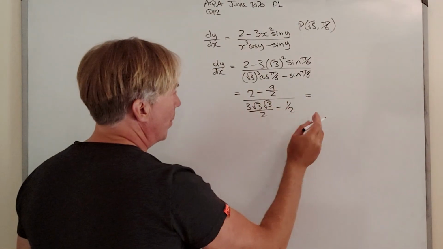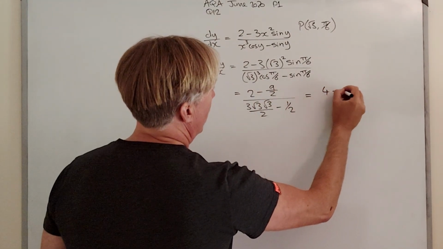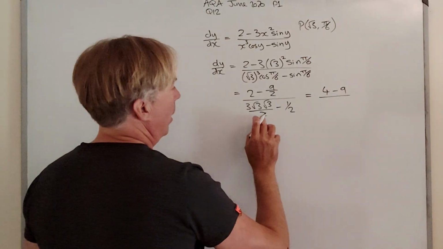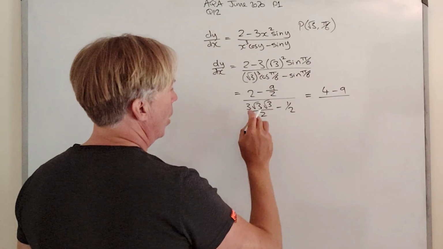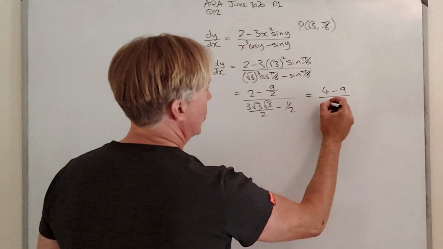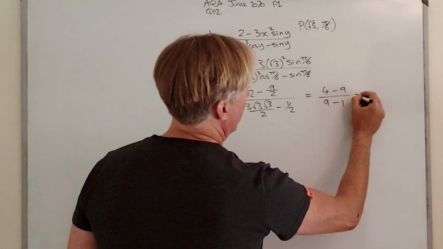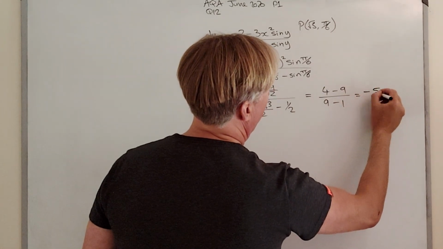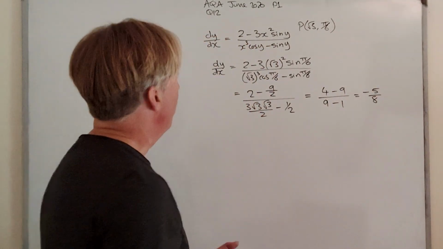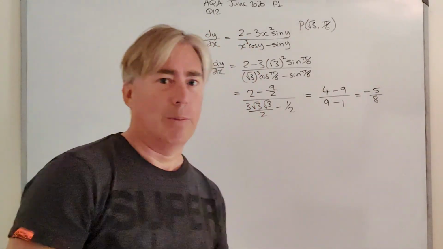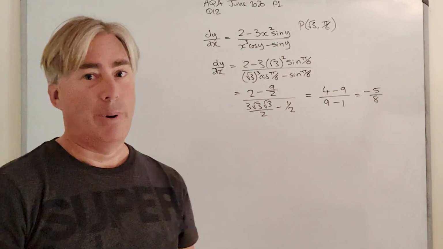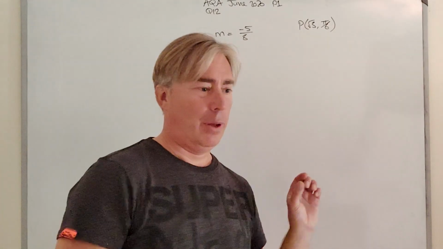I can multiply everything through by 2, so I end up with 4 minus 9 on the top. Obviously the divide by 2s go, that just becomes 3 times 3, which is 9, minus 1, so it's equal to negative 5 over 8. So there's another 2 marks. We're starting to rack them up now. Part 3 done.